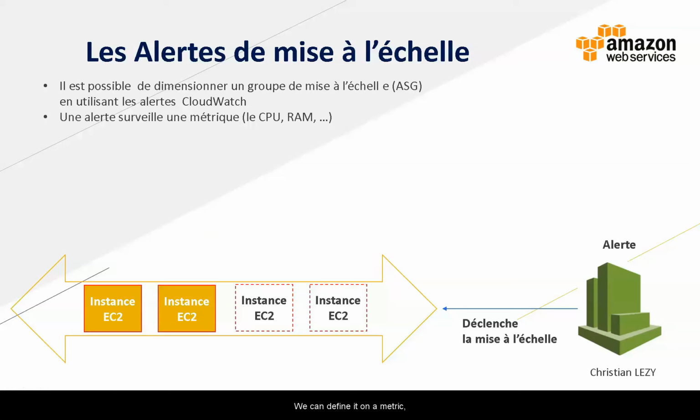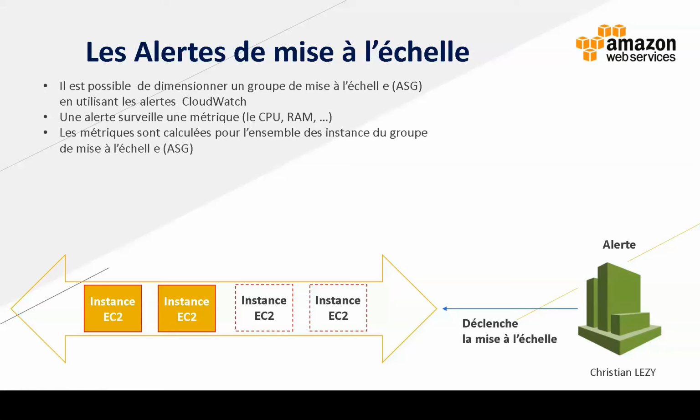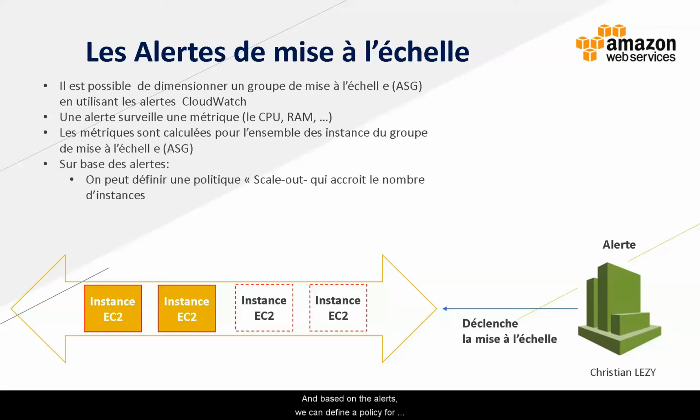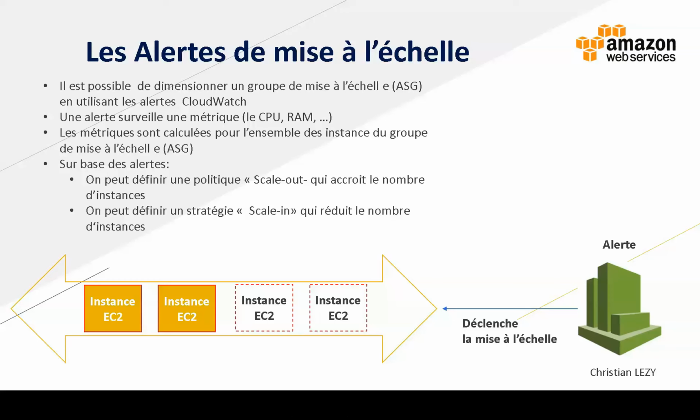We can define it on a metric, on the CPU, the RAM, or the number of users that connect. These metrics are calculated for all instances of scaling groups. And based on the alerts, we can define a policy for increasing the number of machines, scale out or scale up, or a policy of reduction of the number of instances, scale in.